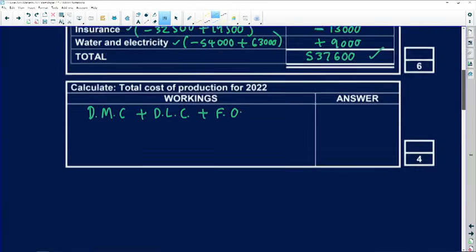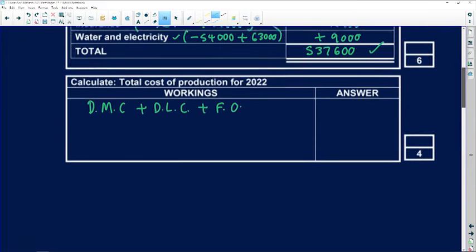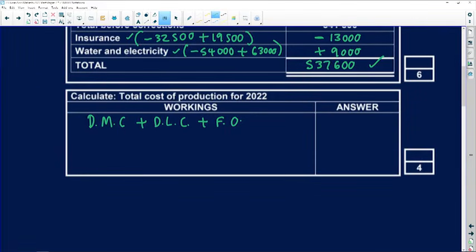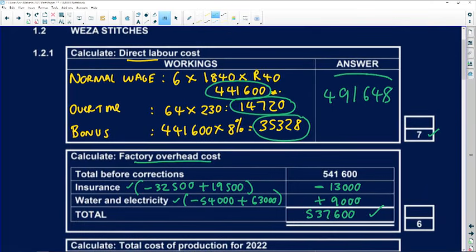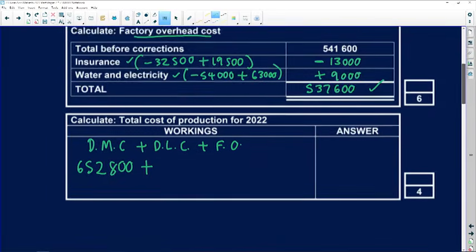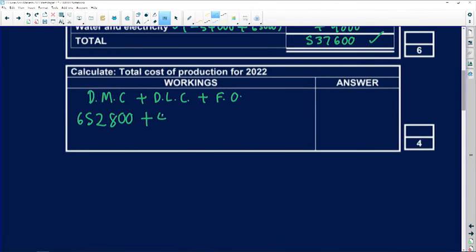Right, there we go. So direct material, an amount of 652,800, plus direct labor cost was what we worked out previously. So there's my direct labor cost, 491,648.